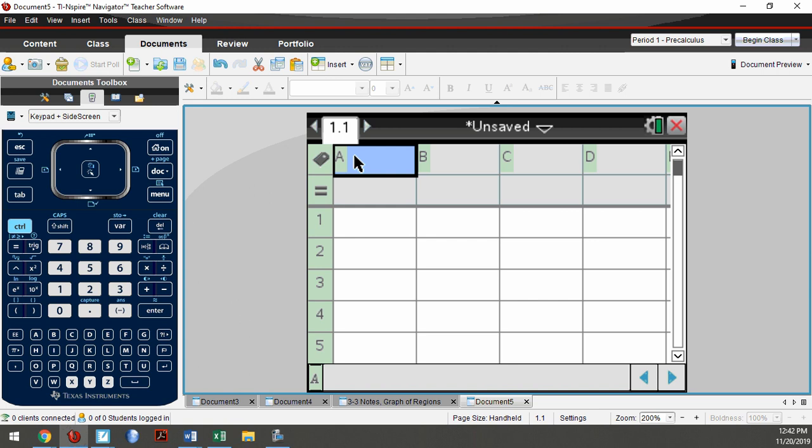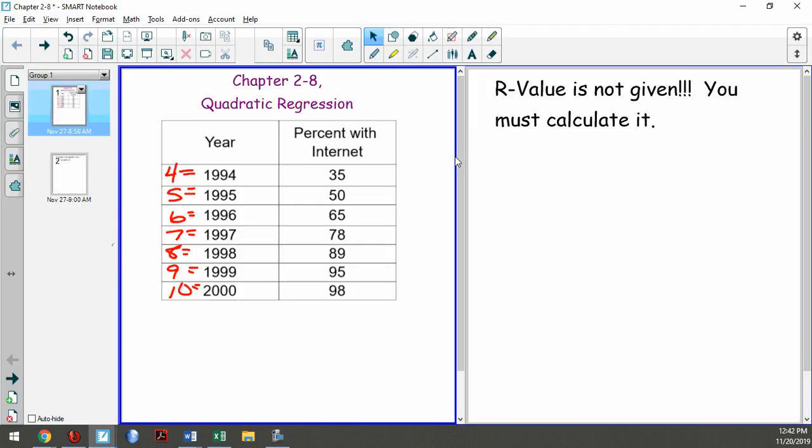No, you don't want to save the unsaved document, and you want a list and spreadsheets page. Yes? Are we good? Okay, so what do we label cell A? Year. Hit enter. Click on cell B, and what are we going to label that as? Right? Percent. So we're just going to label that as percent.